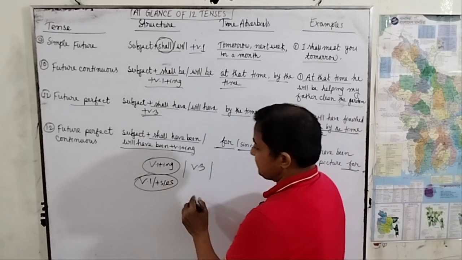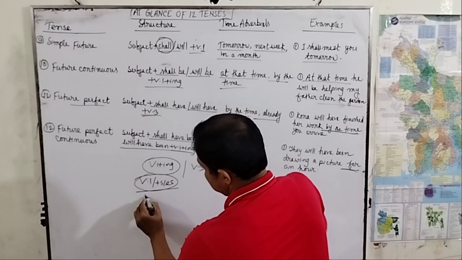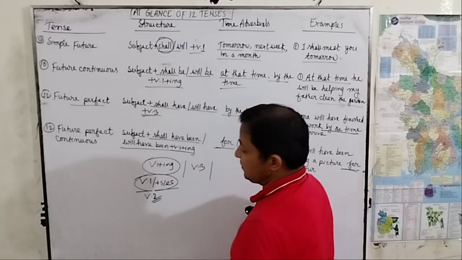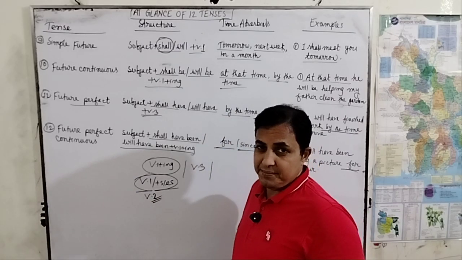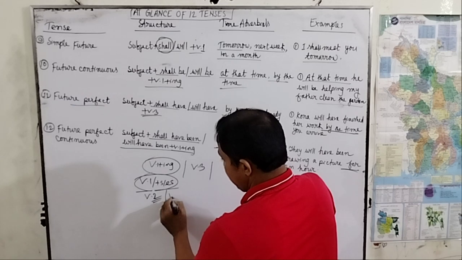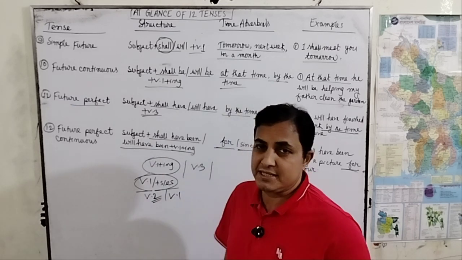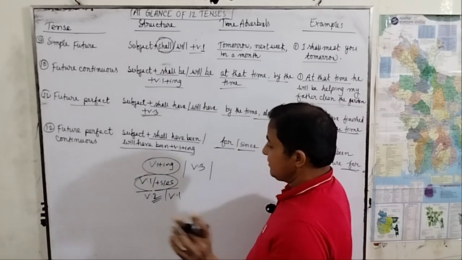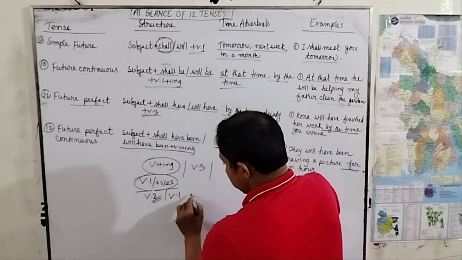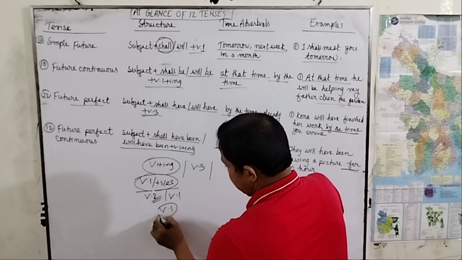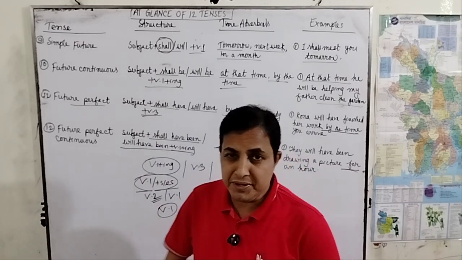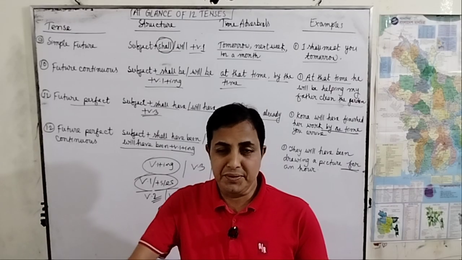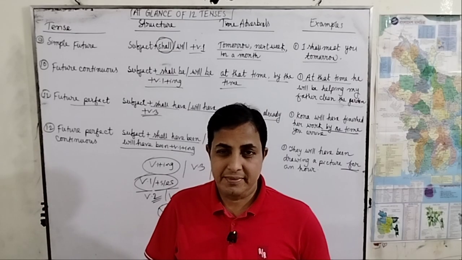Past indefinite takes B2, only affirmative. The rest of the forms take B1, such as negative and interrogative. Future indefinite must take B1. You don't need to add any S or ES. You don't need to change the form.